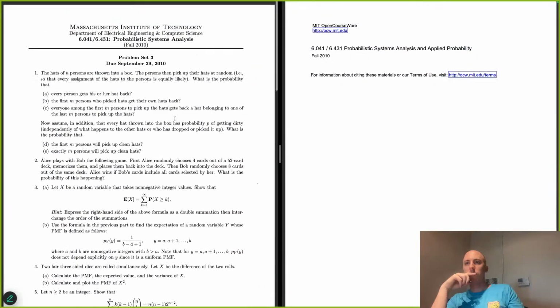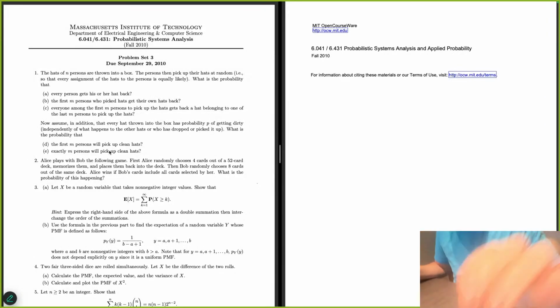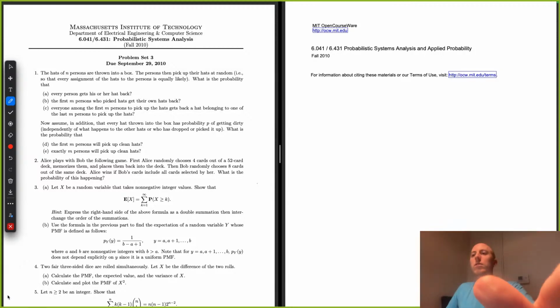Okay. Now, assume in addition, every hat thrown in the box has probability P of getting dirty. What is the probability that the first M persons will pick up clean hats?